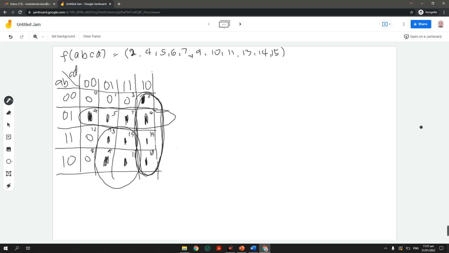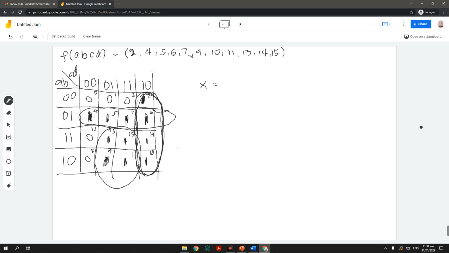So what is the equation for our output? For the first group, what is A? Our A changes from 0 to 1, so we will not consider A. Our B also changes from 0 to 1 because this is 4 squares in a column.